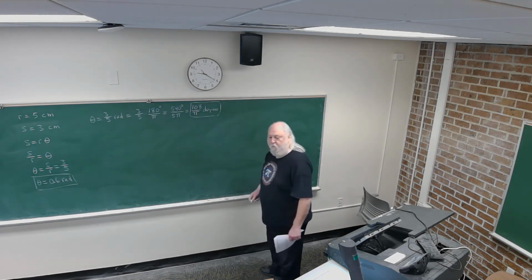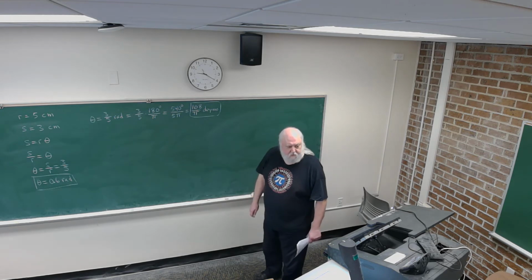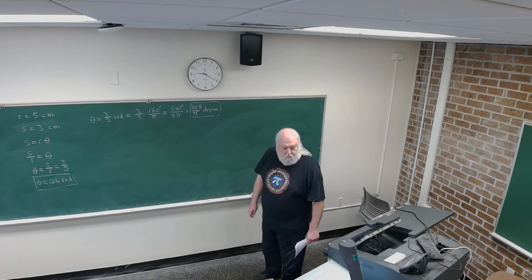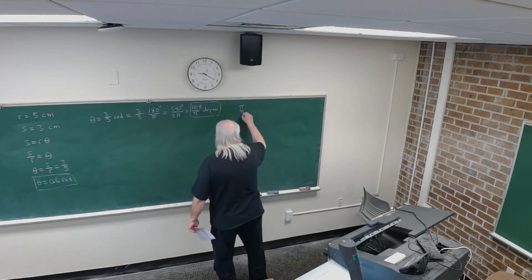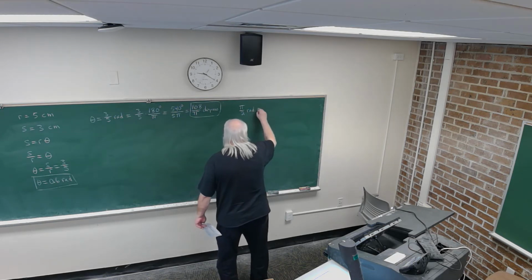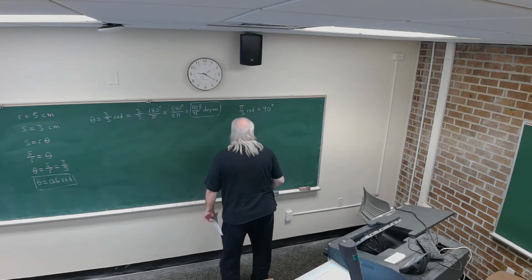Well, what angle in radians is equal to 90 degrees? Yeah, pi over 2. Pi over 2 radians is equal to 90 degrees.